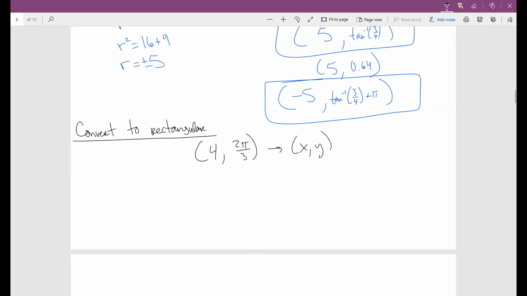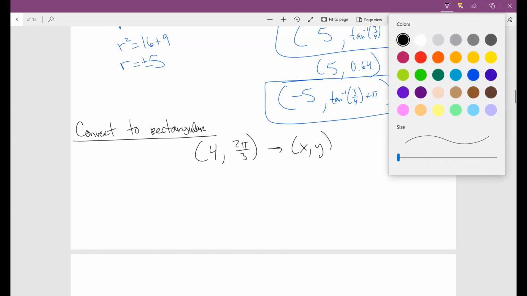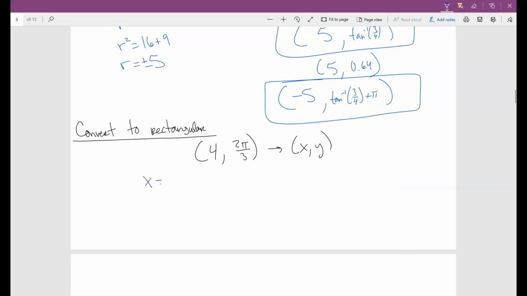So what I'm going to do, this is actually a really, really easy procedure. We can just say x is equal to r cosine theta and y equals r sine theta. And because we already know what r and theta is, all we have to do is plug it in our calculator. So 4 cosine of 2 pi over 3, and then 4 sine of 2 pi over 3.